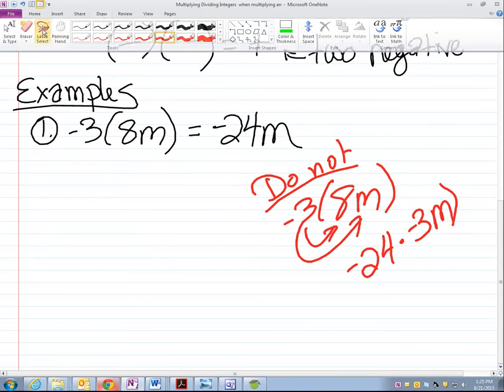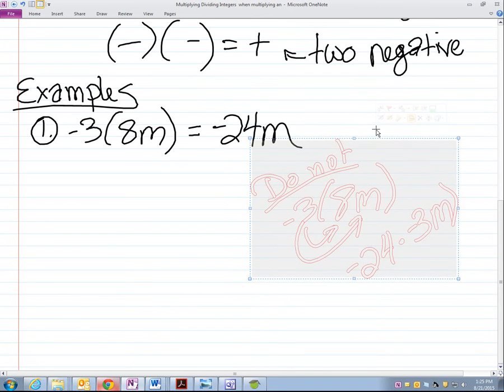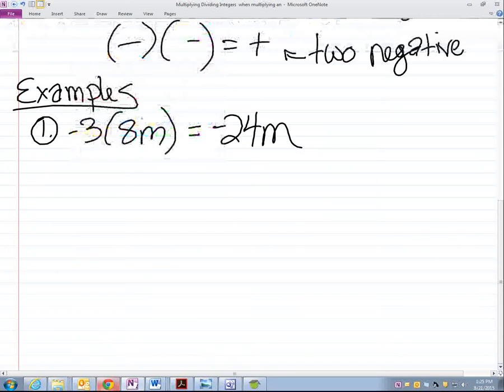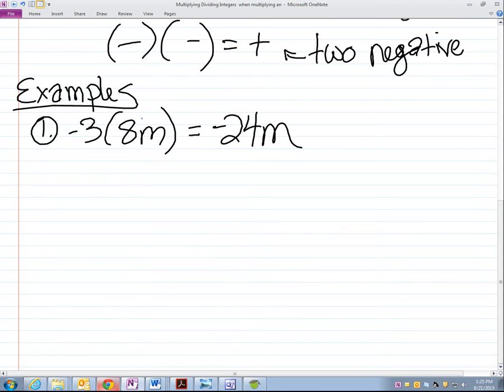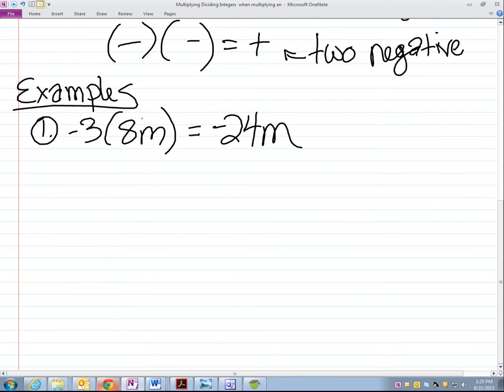It could be a mistake that some people might overly generalize after not doing the distributive property too much. Okay, so we have negative 3 multiplied by a positive 8m, and I say a positive 8m without knowing what m could be, because it's not defined. We don't know if m is actually positive or negative, but they're not telling us, so we're fine. Any questions on that one? No? Okay.